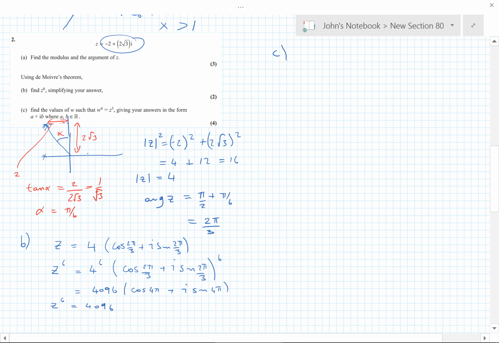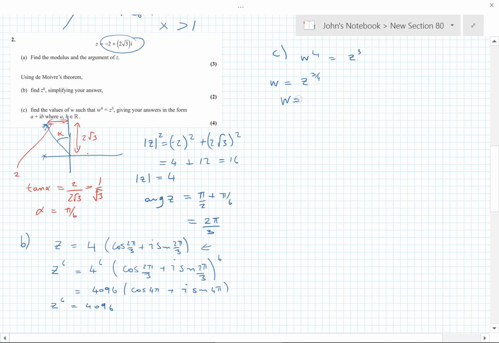Okay, part C, a bit of variation on a theme here, because we've got w to the 4 is equal to z cubed. So w equals z cubed over 4. And we've got the z in modulus and argument form here.